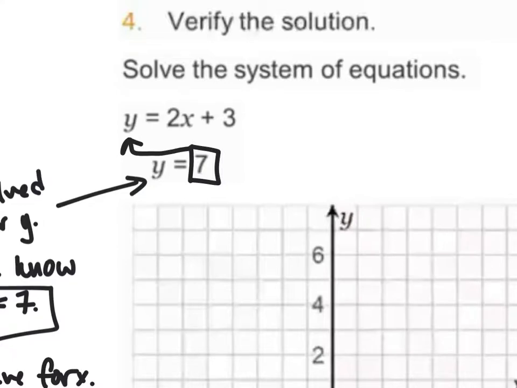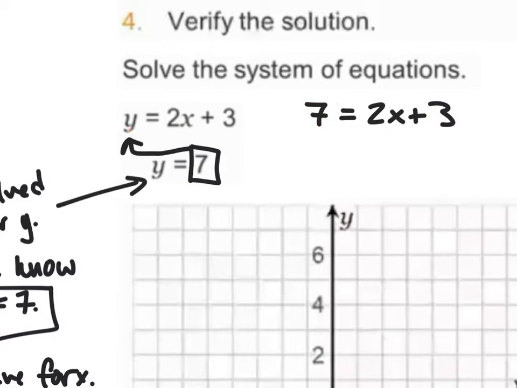So here's what I'm going to get. I'm going to get 7 is equal to 2x plus 3. Now, I have replaced y with what it was equal to in my other equation, okay? And so instead of writing y, I wrote what y is equal to, which is 7. So now I have a one-variable linear equation.